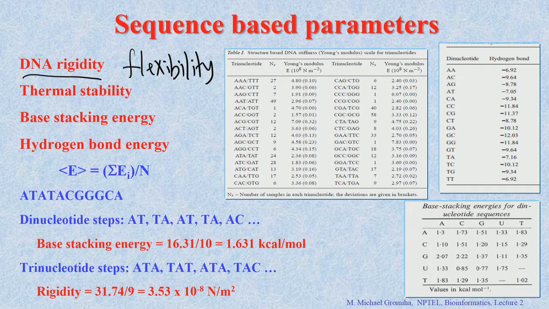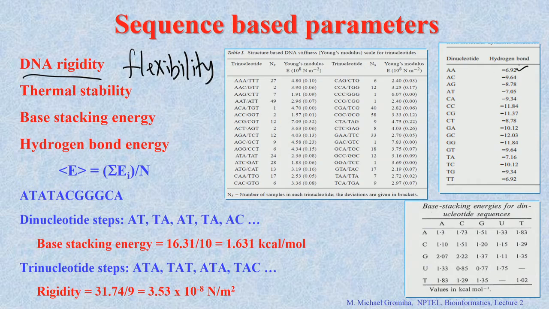If DNA has 4 bases, then if you take the dinucleotides, there will be 16 dinucleotides, but if you consider the pairing, you can reduce 16 to 10.